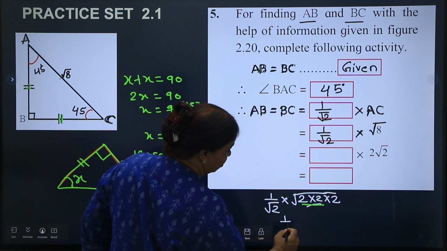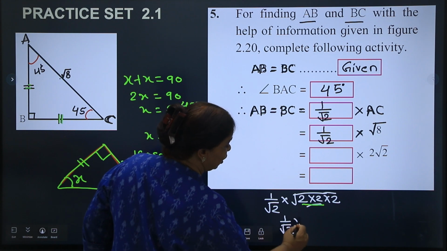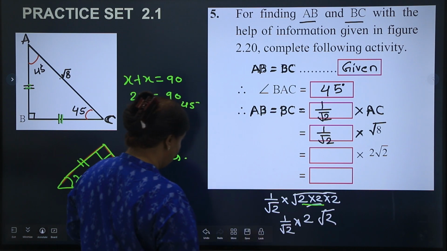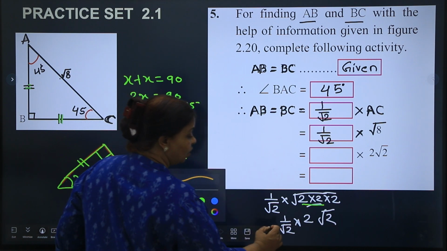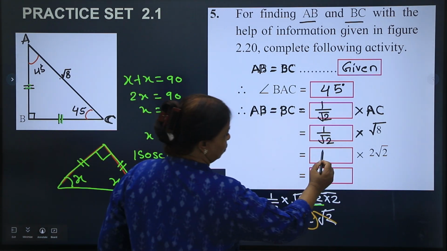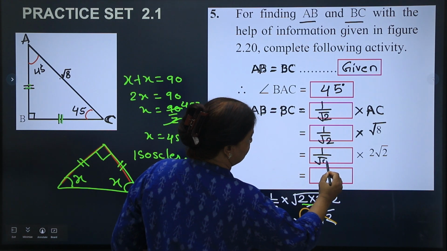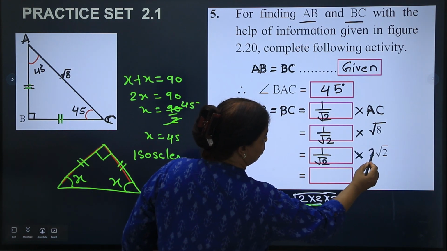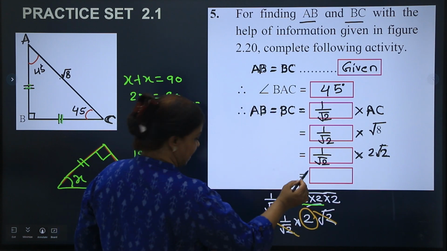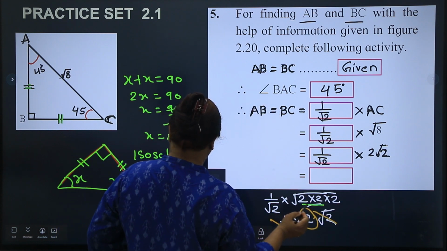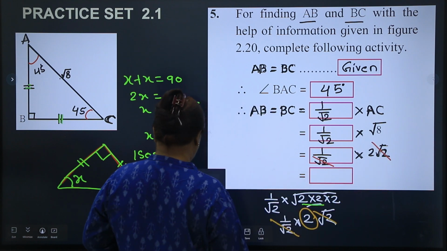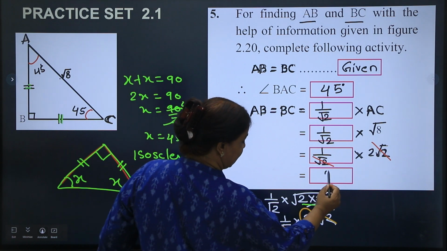So 1 upon root 2 into 2 root 2. Now this root 2 and this root 2 will cancel, and what you will get? Only 2.